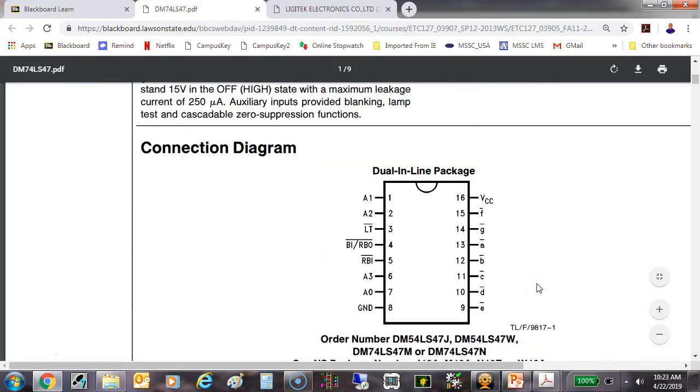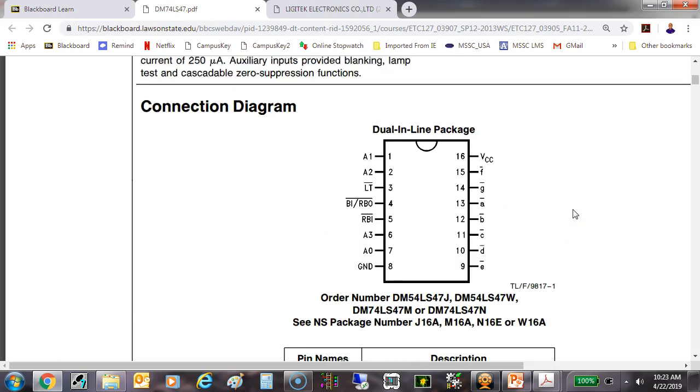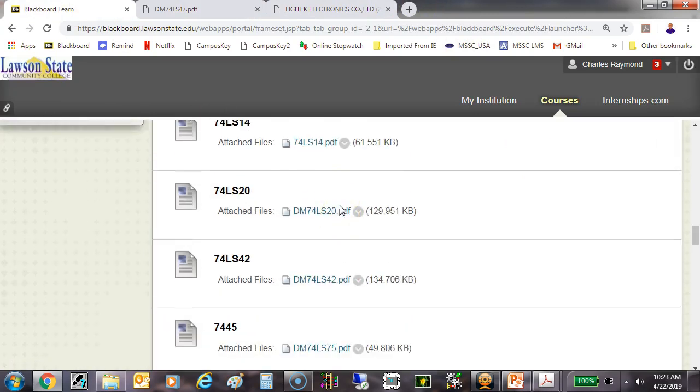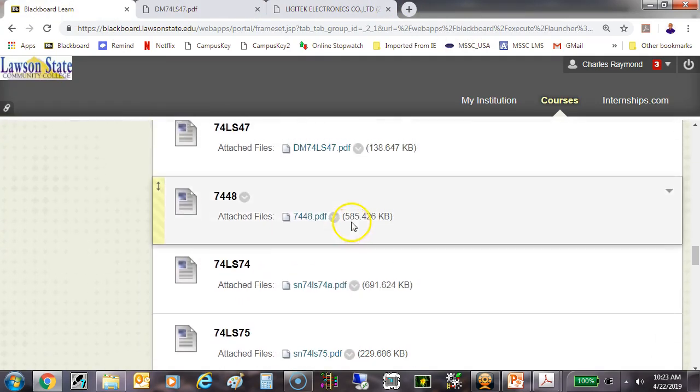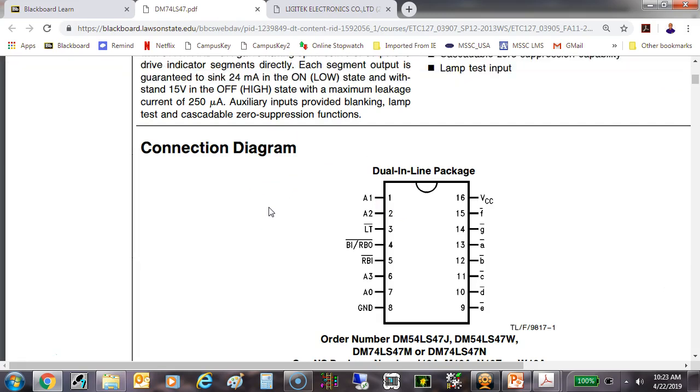Here, this is right here. Okay? And the 7493, it's also up there. So for the 7447, how would we put that? So these are inputs. These are the outputs, right?